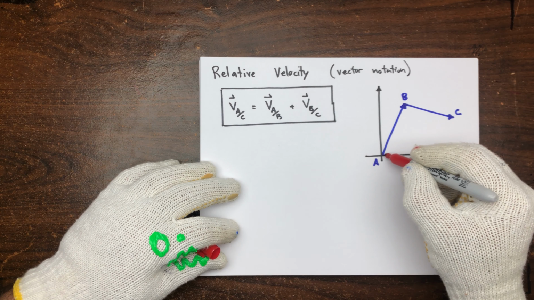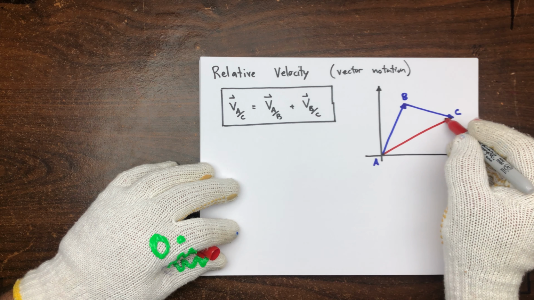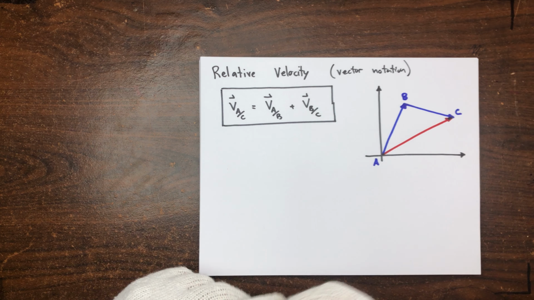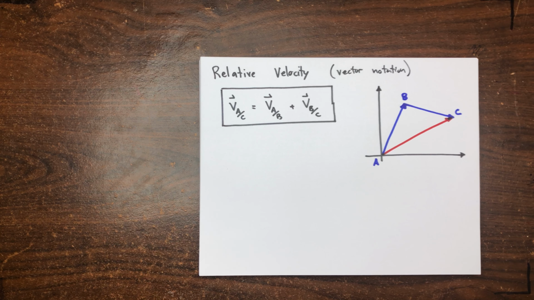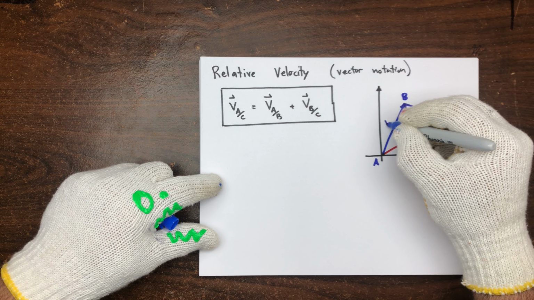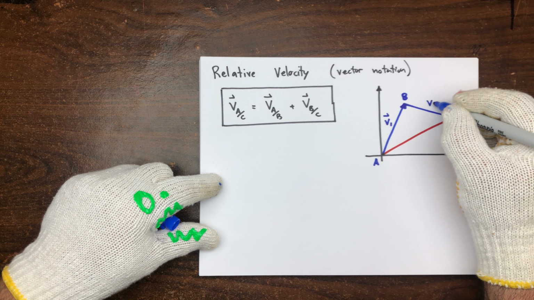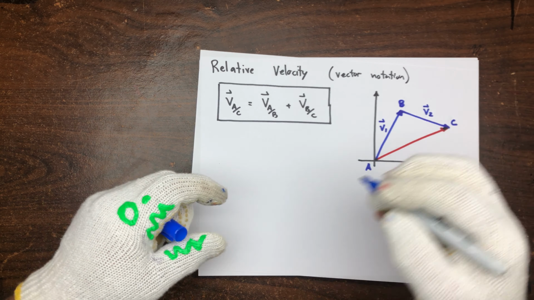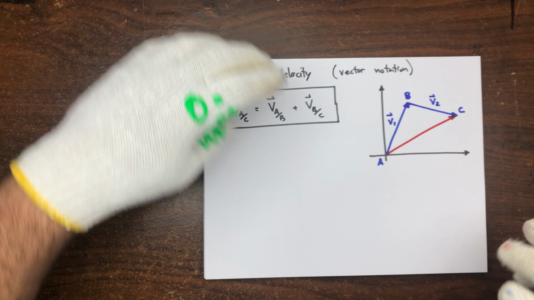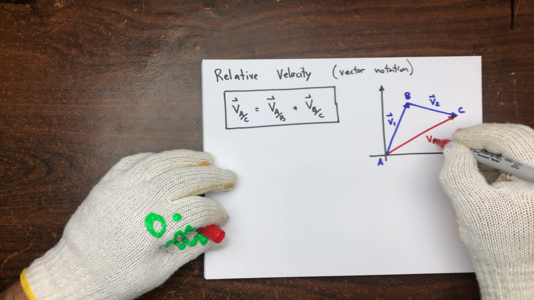The resultant vector would just be from A to C, and I think maybe you can start seeing what's going on here. So back in the day, we used to be cowboyish and say, okay, vector 1 and vector 2, and then our final vector, v final.